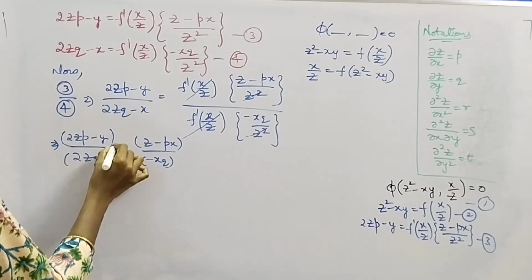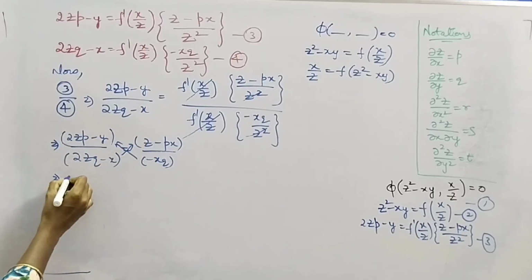Now make a cross multiplication and simplify it.